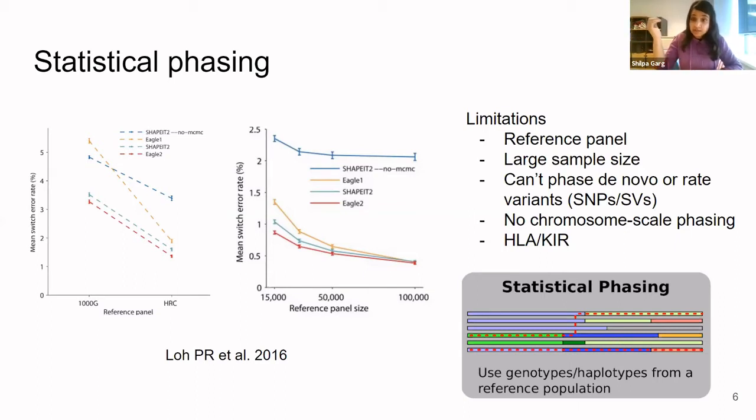Also, in statistical phasing, you can't phase de novo or rare variants, and you can't get a chromosome scale phasing, like end-to-end phasing for the whole chromosome. And you can't phase clinically relevant regions such as HLA and KIR, and I will go into more detail on HLA and KIR in a later part of my talk.